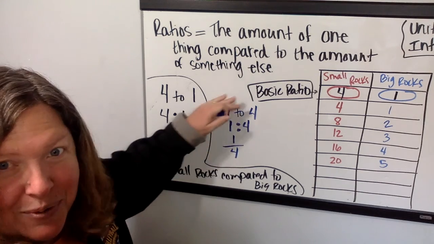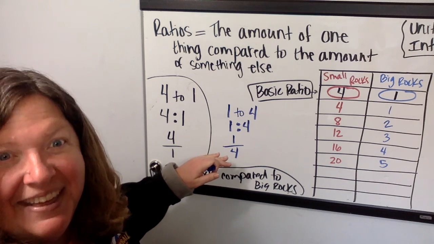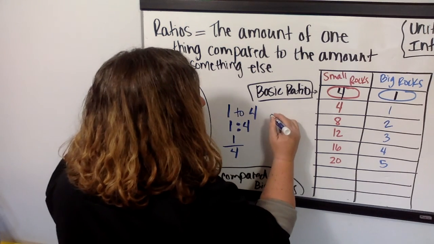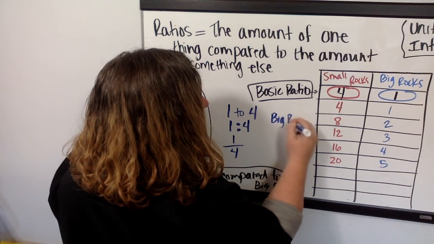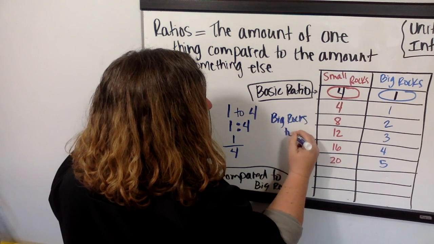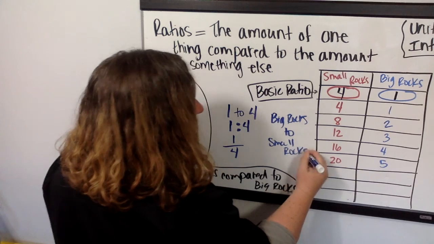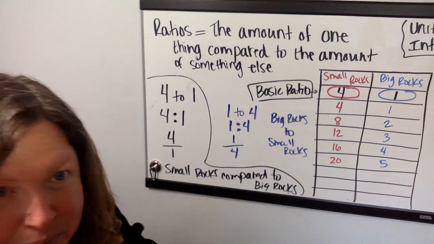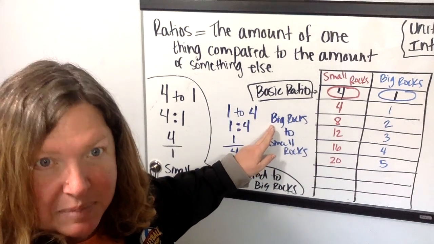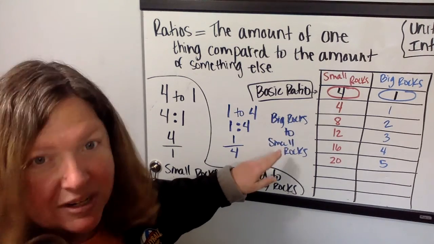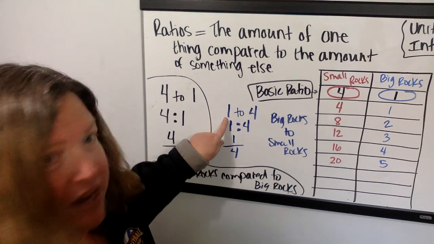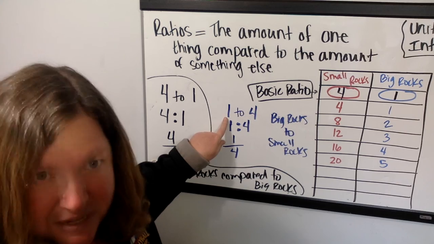Now what am I showing? I'm showing big rocks to small rocks. So remember, there's the words, big rocks to small rocks. Big rocks comes first, so the number of the big rocks has to come first.